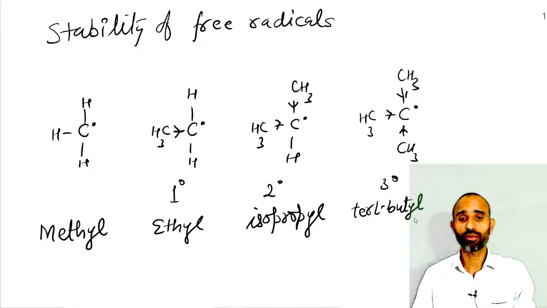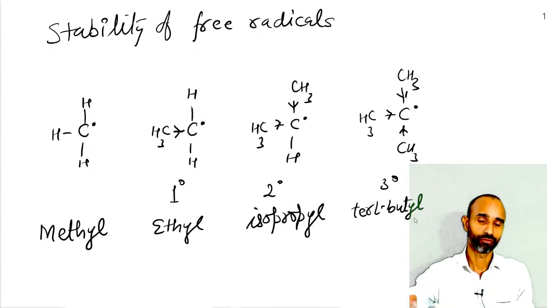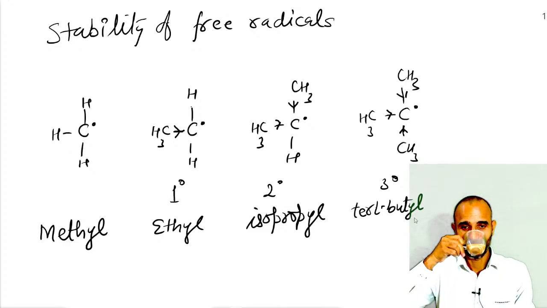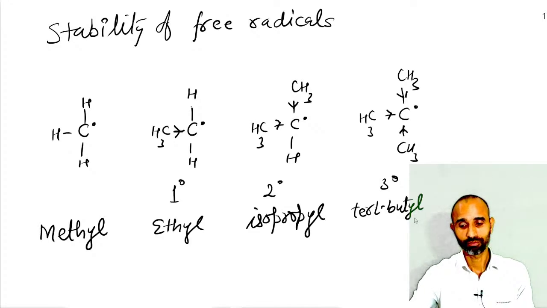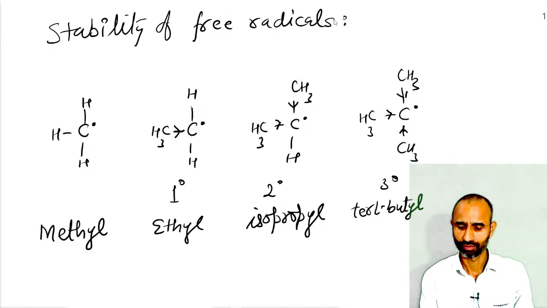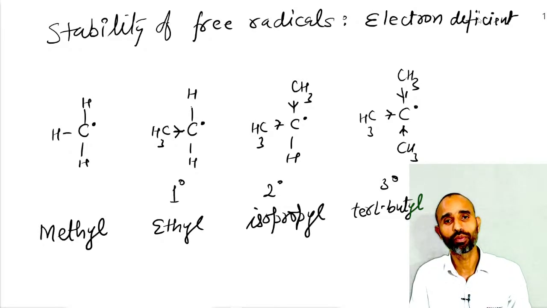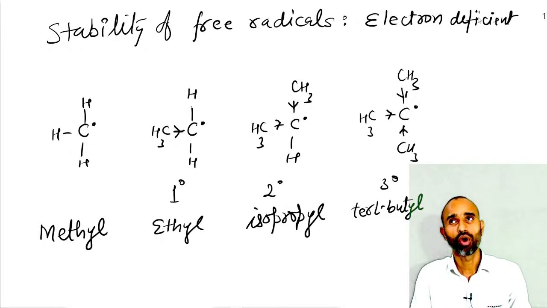So first tell me, free radicals are electron rich or electron deficient? They are electron deficient, because you know any atom or group should have an octet of electrons.